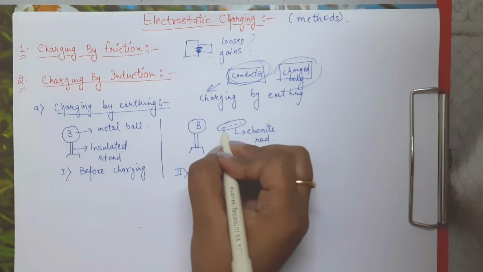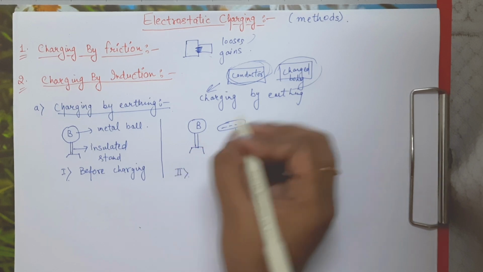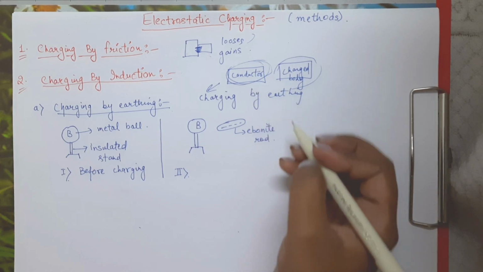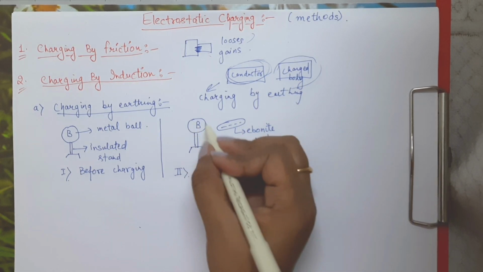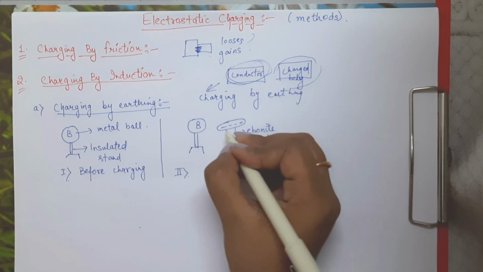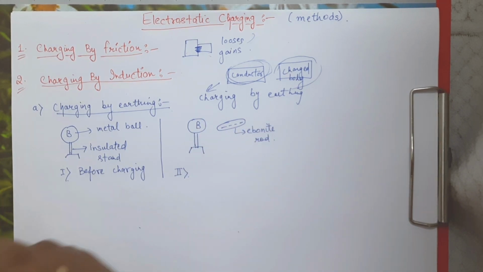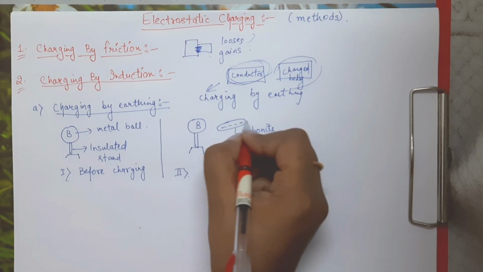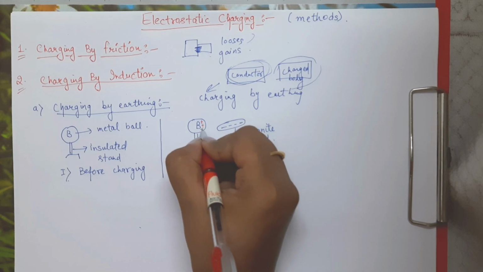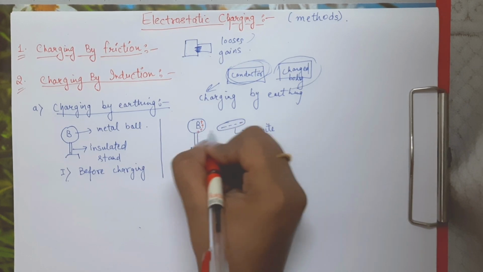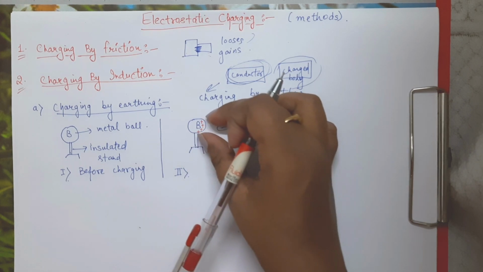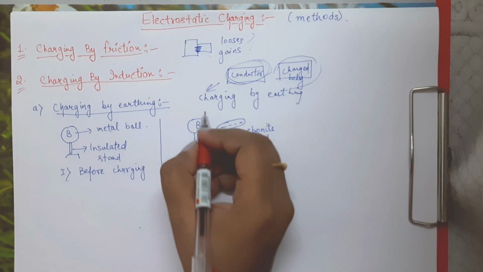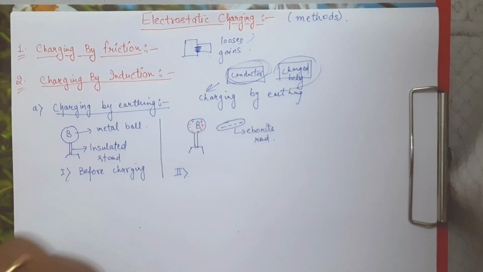So we are placing a charged body in the neighborhood of this conductor. Since it has negative charge, and we know unlike charges attract each other, this negative charge will attract the positive charges towards itself. All the positive charges accumulate towards the right hand side in this conductor ball, so the negative charges will be here, right?